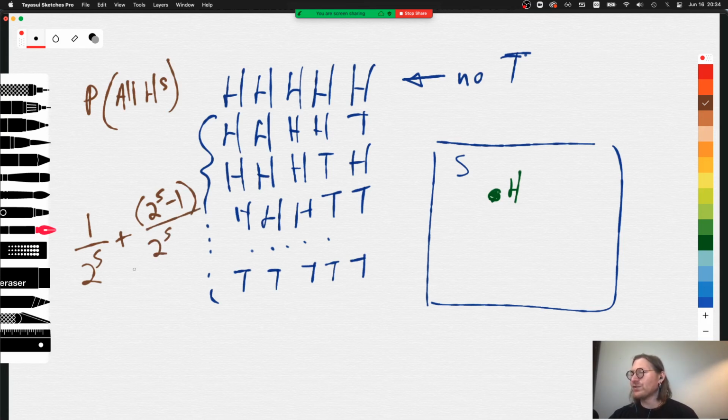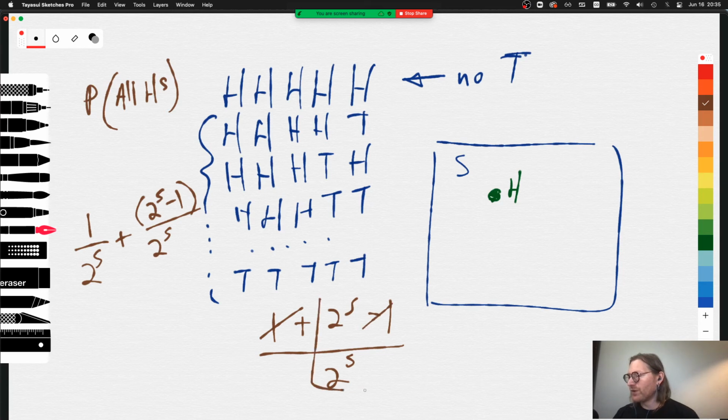I don't think it's too hard to see that this is just 2 to the 5th over 2 to the 5th, which is 1. If I just wanted to write this a little further, this is going to be 1 plus 2 to the 5th minus 1 over 2 to the 5th. And obviously 1 minus 1 is 0, and we're left with 2 to the 5th over 2 to the 5th, which is 1.